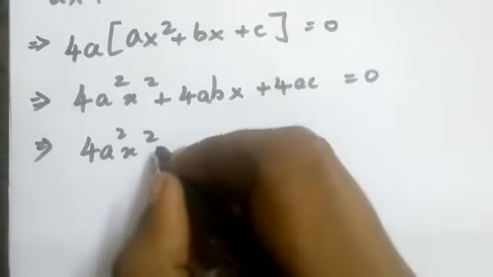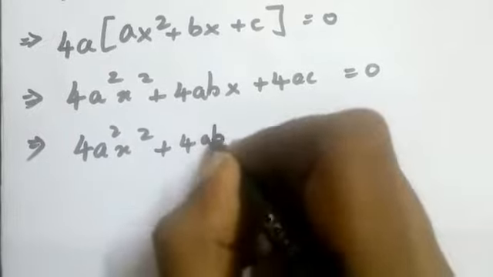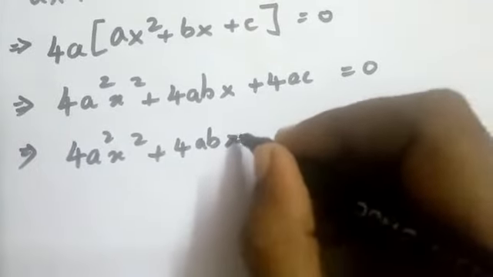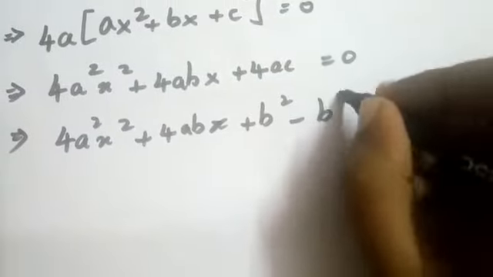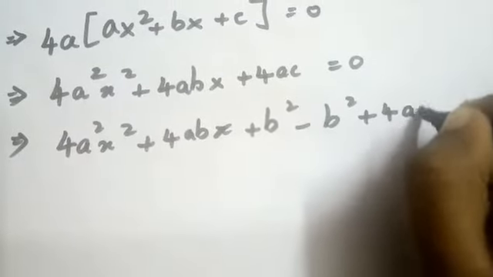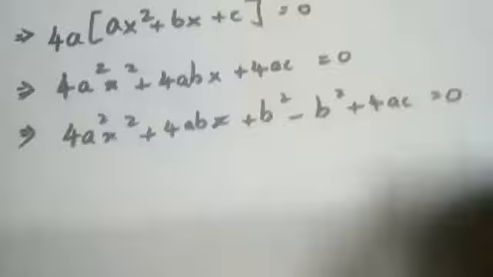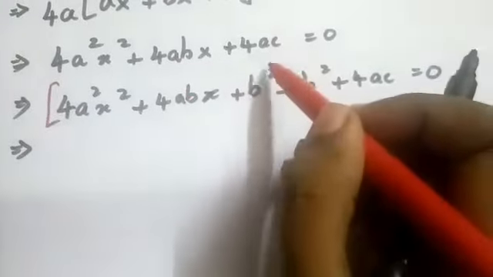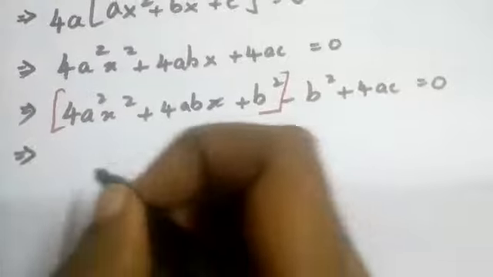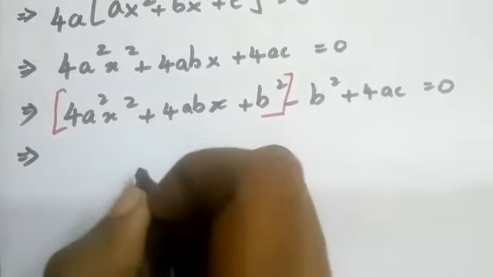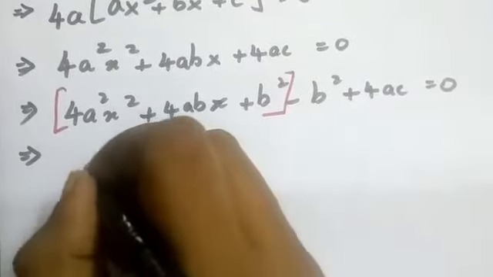So 4a square x square plus 4abx plus b square minus b square plus 4ac is equal to 0. So you can see that this is in the form of a square plus b square plus 2ab, which is equal to (a plus b) the whole square.